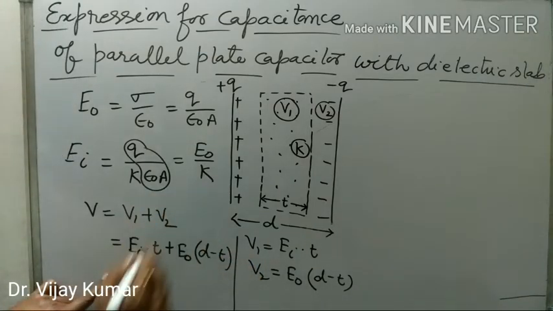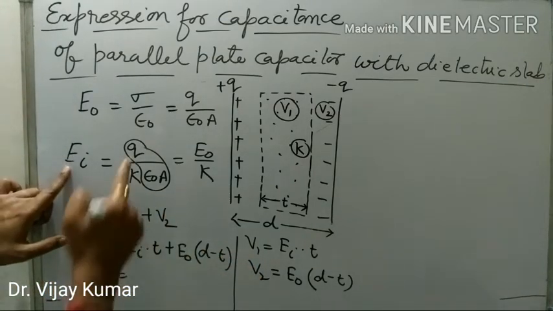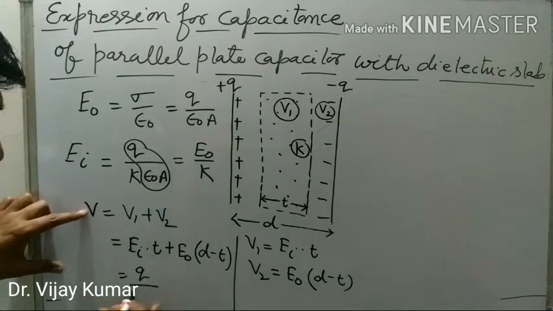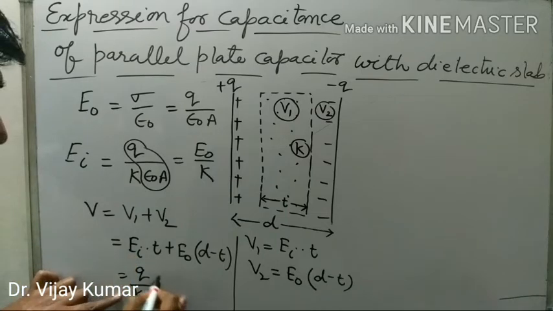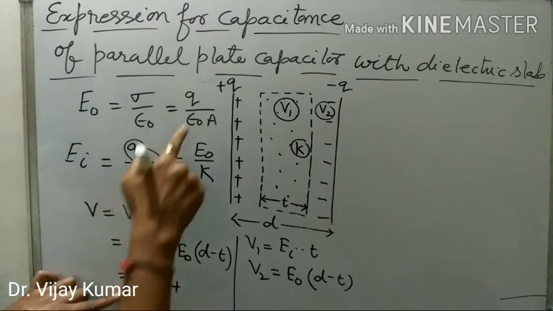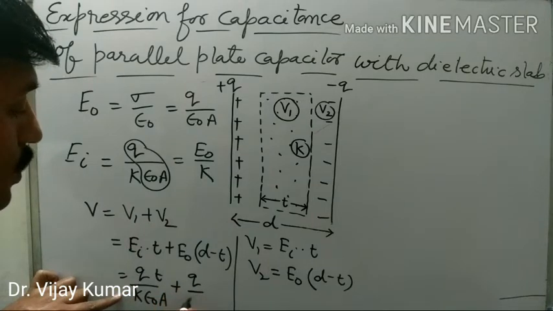And we know that E_i is Q upon K epsilon naught A, so Q upon K epsilon naught A into T, plus E naught, which is Q upon epsilon naught A, into (D minus T).